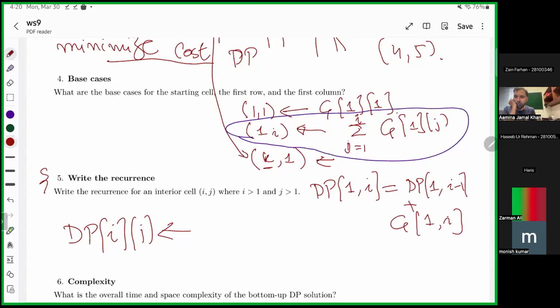So that's a recursive way to write it down. I'm just saying that generically in the form of g, how do you write it? Okay, but you're correct that dp of 1 comma I is dp of 1 comma I minus 1 plus the ith value in the gth table.